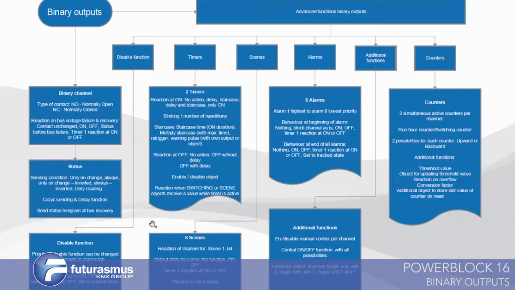And also the actuator has 8 alarms. They can be configured in the advanced functions. And these 8 alarms can be set alarm from alarm 1 to alarm 8, being with the highest priority alarm 1 and the lowest priority alarm 8. So this makes it very, very flexible. These alarms can even be analog alarms.